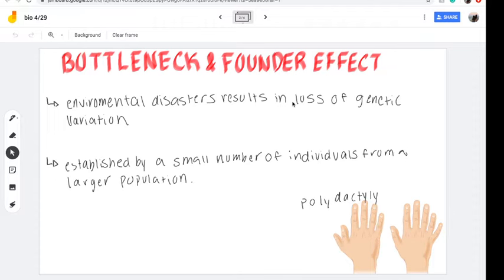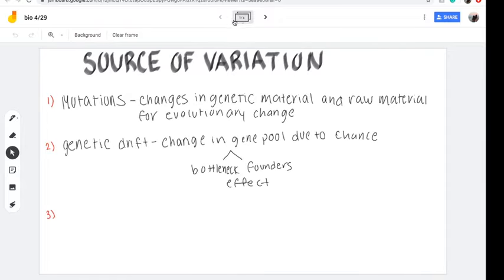Now, going back to the sources of variation, last we have gene flow. This is the movement of alleles into or out of a population.